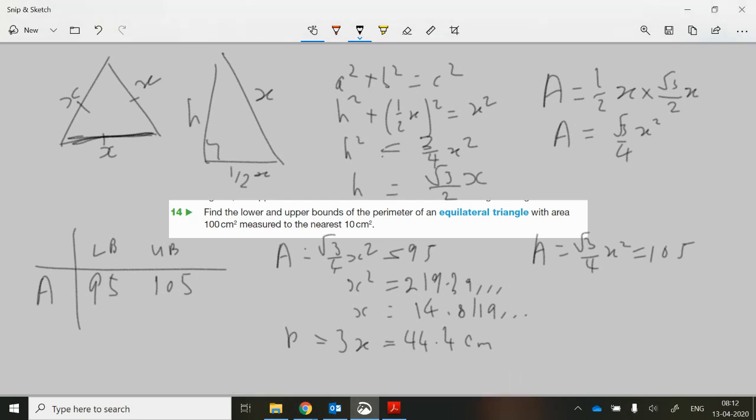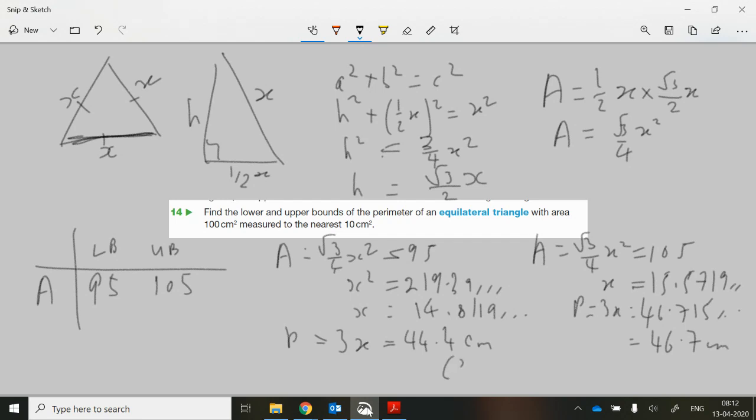Okay, if you do exactly the same thing in this case, you should get x is equal to, I'm just going to skip a step here to make it simpler, 15.5719 something. Okay, so 3x, or your perimeter, is equal to 46.715, or again, we can simplify this one, 46.7 centimeters to 3 significant figures.